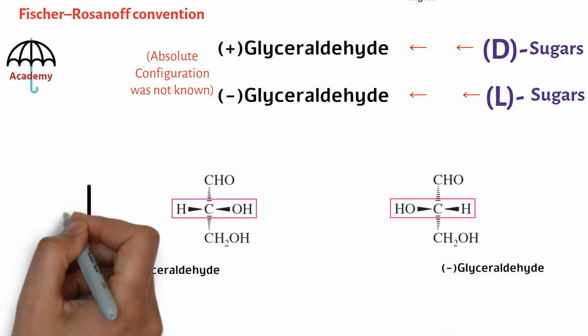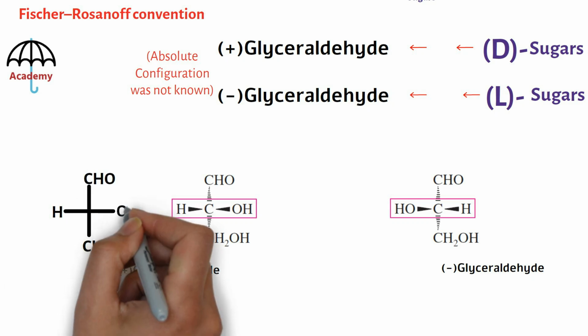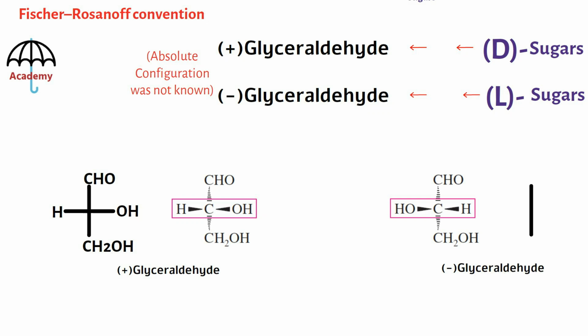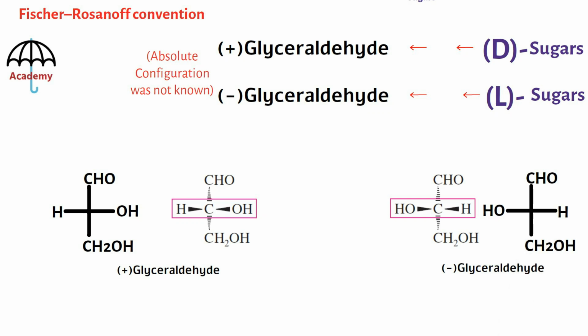These can be converted into Fischer projections like this, so that in case of plus glyceraldehyde, hydroxyl is on the right side. And in case of minus glyceraldehyde, hydroxyl group is on the left side. These structures serve as the configurational standards for all monosaccharides.